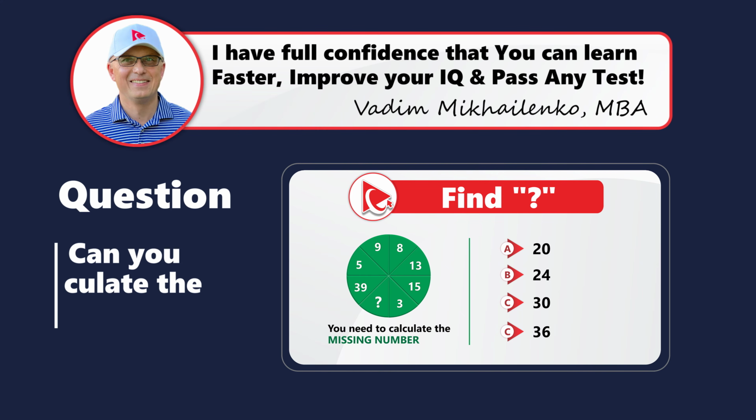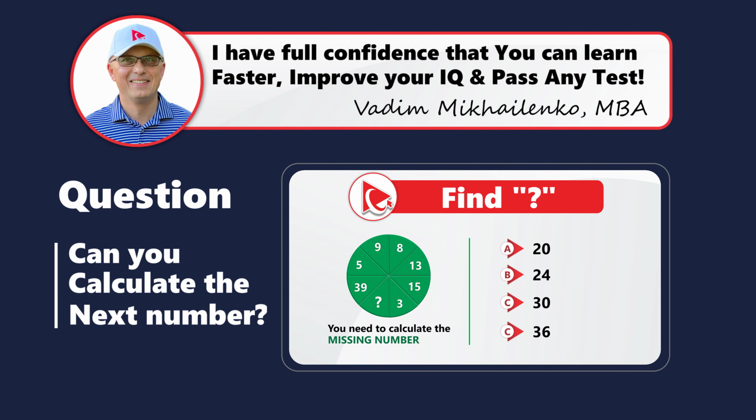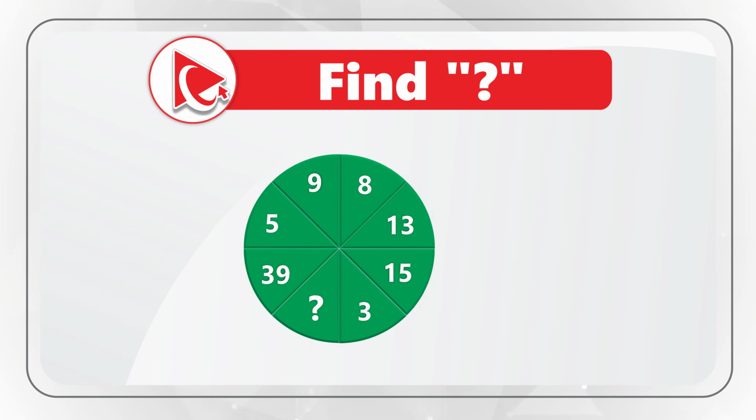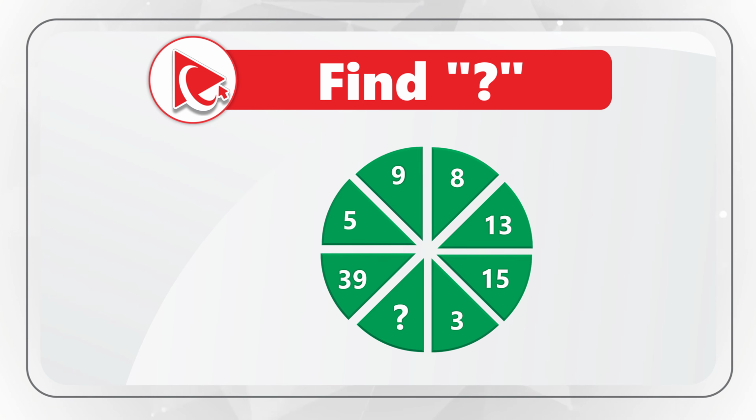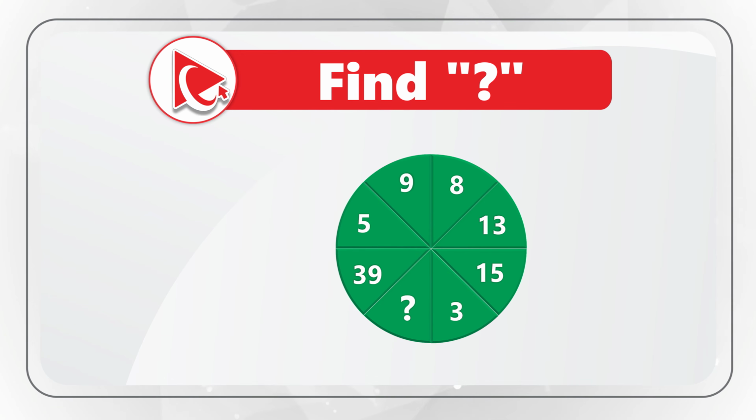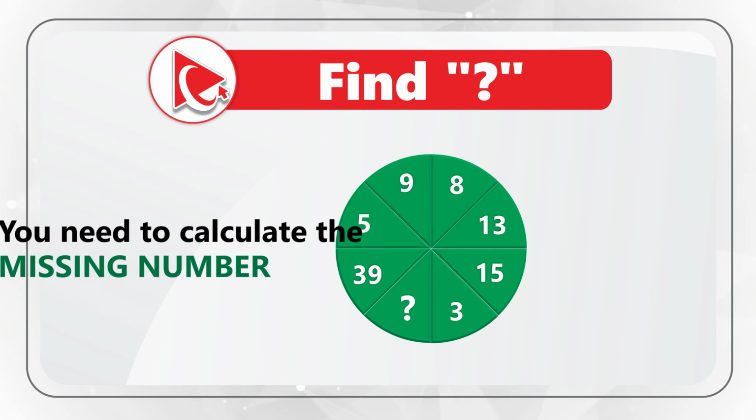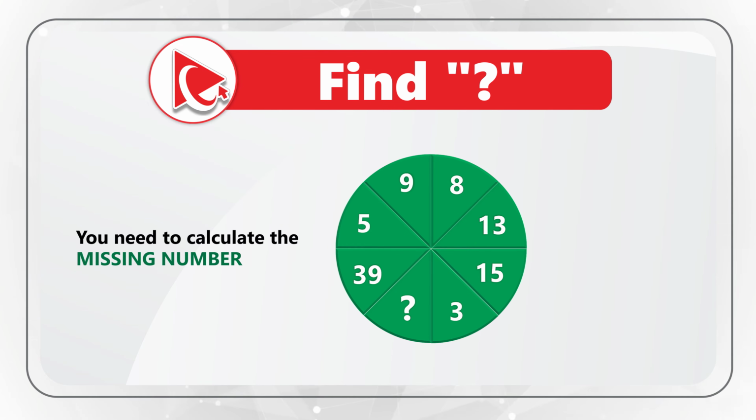Here's the problem some people might find challenging, but in reality, it's very easy to solve. You're presented with the circle broken down into 8 sections. In each section, there is a number, and in one section, number is missing, and you need to calculate the missing number.